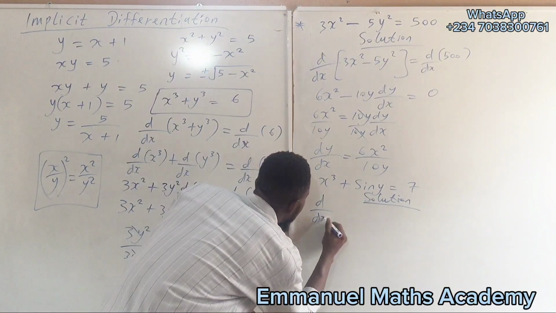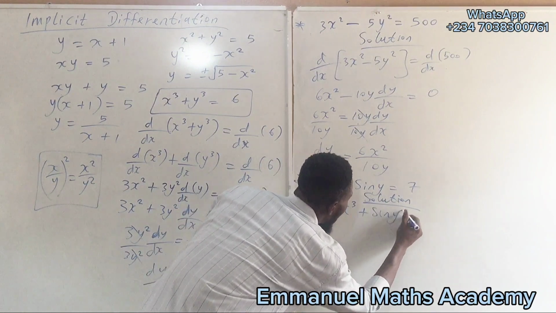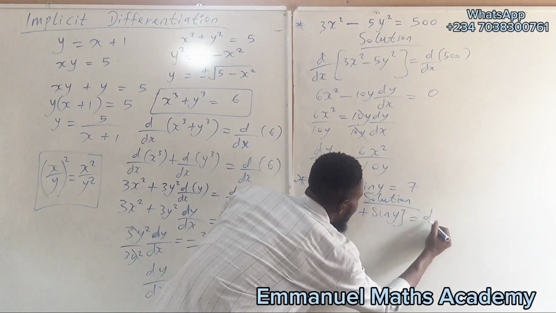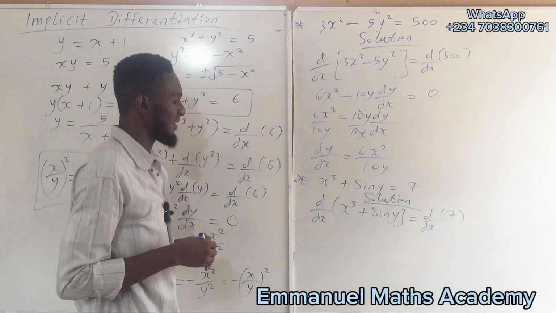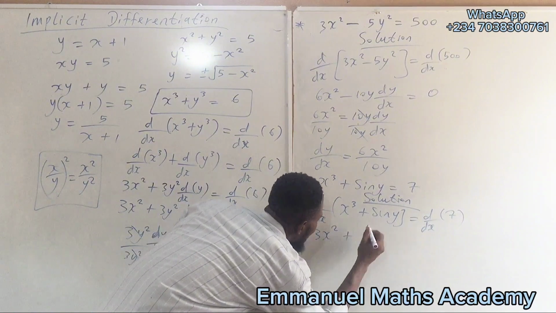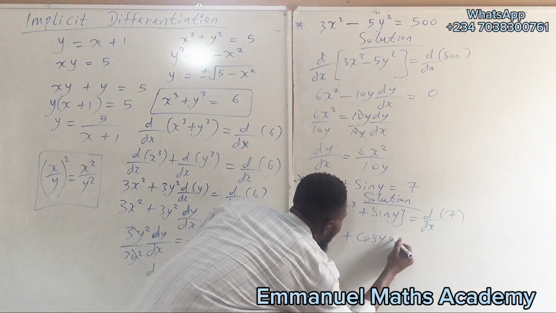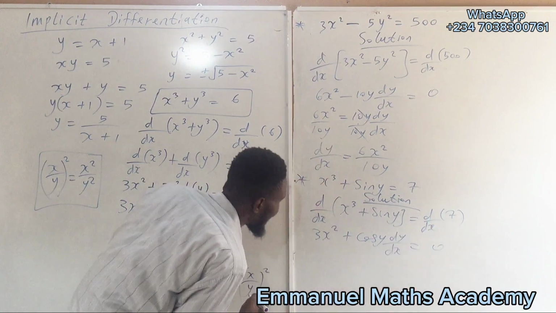d over dx of x power 3 plus sine y equal to d over dx of 7. Right? Now this will give you what? 3x power 2 plus cos y dy/dx equal to 0. Right?